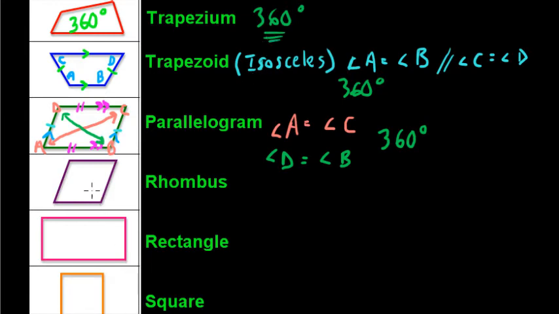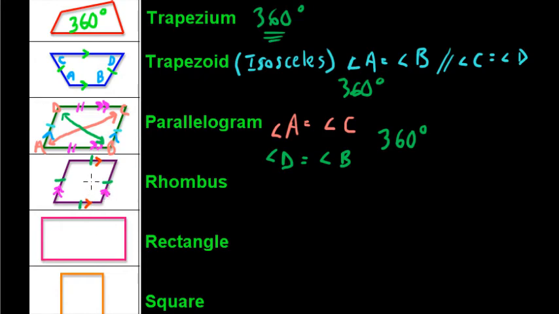Alright, the rhombus. Rhombus is just a type of parallelogram, and what defines a rhombus is that all the sides here are equal and the opposite sides are going to be parallel. So this side and this side are parallel, and this side and this side are going to be parallel.